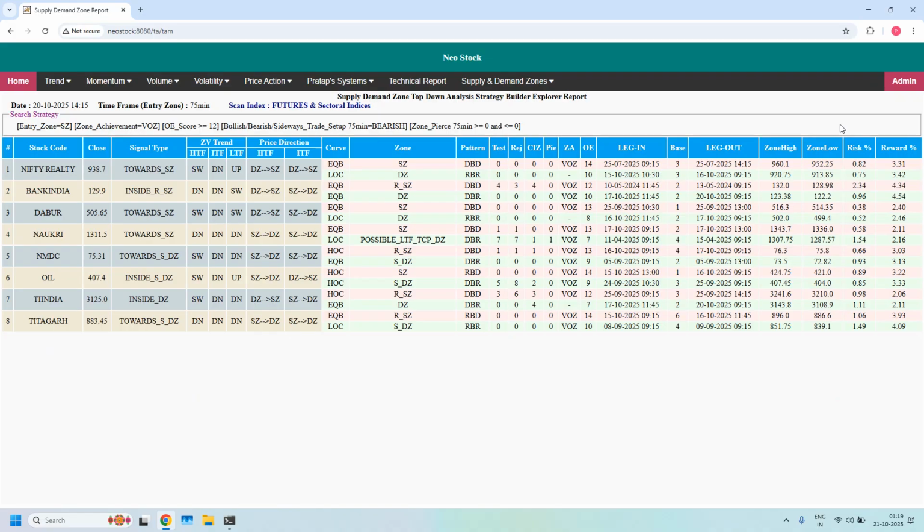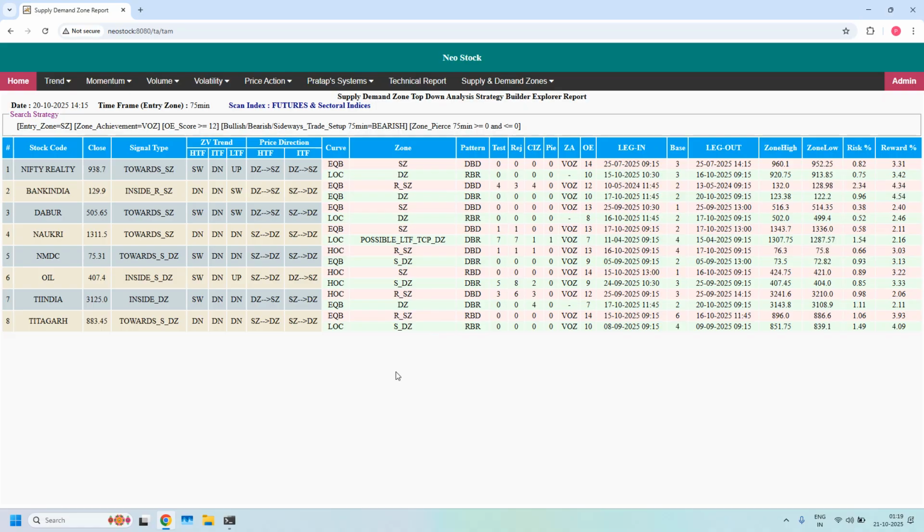So these 8 75 minute supply zones are supporting bearish trade setup for weekly income trade. Entry time frame zones are 75 minute supply zones. Out of these 8 75 minute supply zones, we should identify high probability trade setup 75 minute supply zones based on different zone confluence and EMA confluence strategies that we learned in lesson 27.